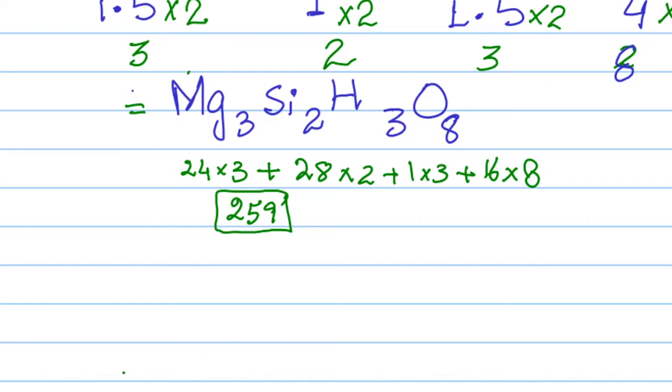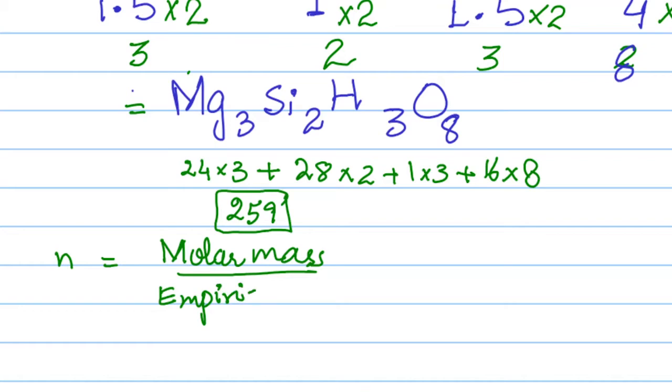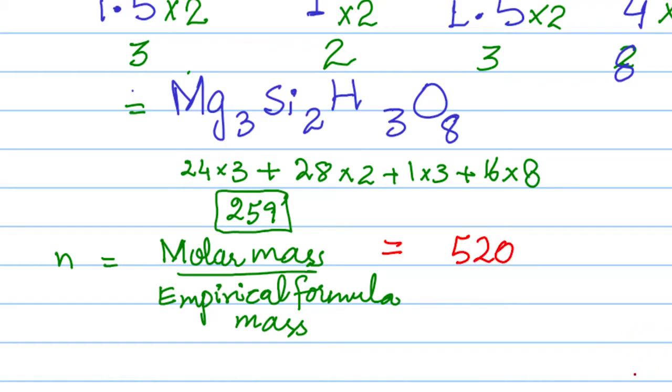In order to calculate the molecular formula, we need the value of n. The molar mass of the compound will be divided by the empirical formula mass. The molar mass which is given to us in this question is 520, and we will divide it by 259.